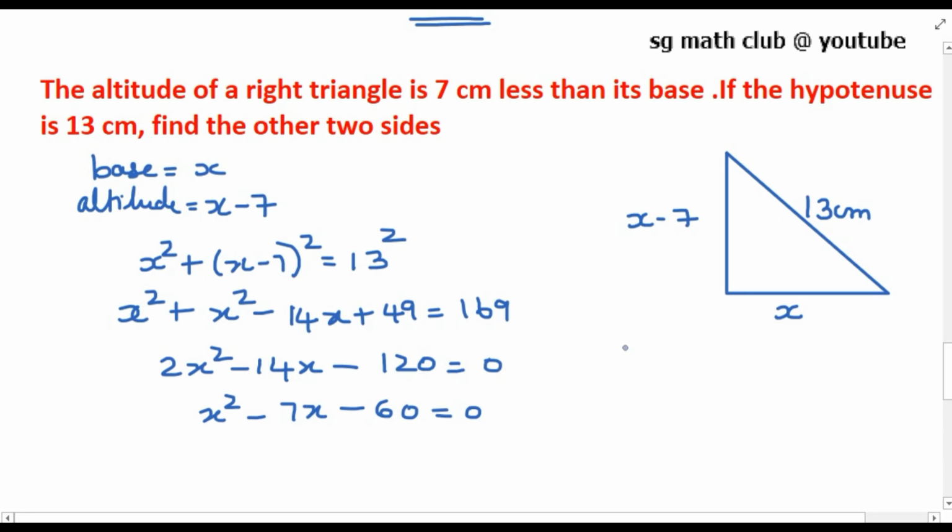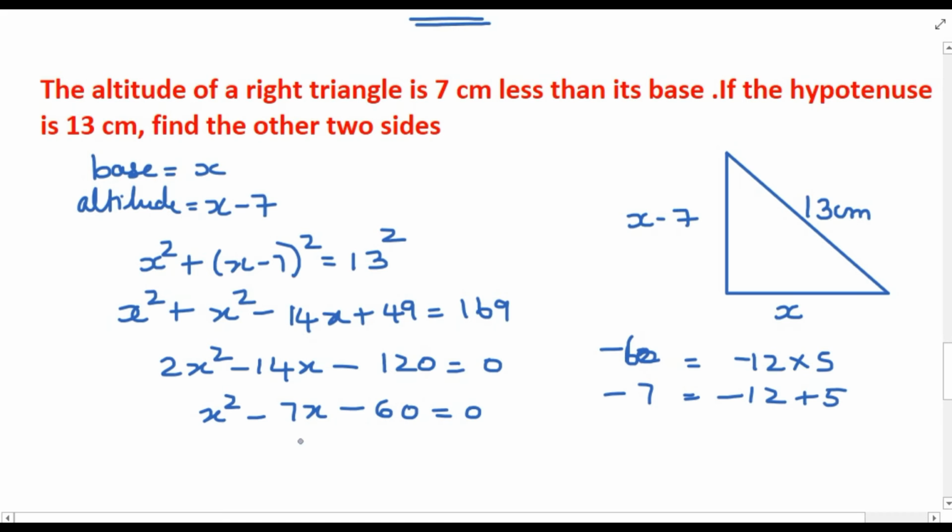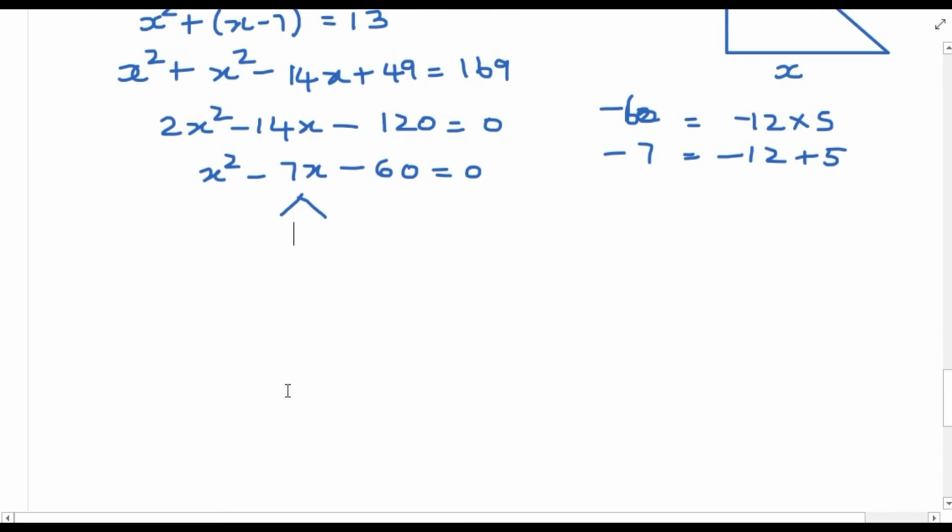You should find two numbers such that the product should be minus 60 and the sum should be minus 7. We can write minus 12 into 5, and minus 12 plus 5. Now you can split the middle term. When you split the middle term, we have x square minus 12x plus 5x minus 60 equal to 0.